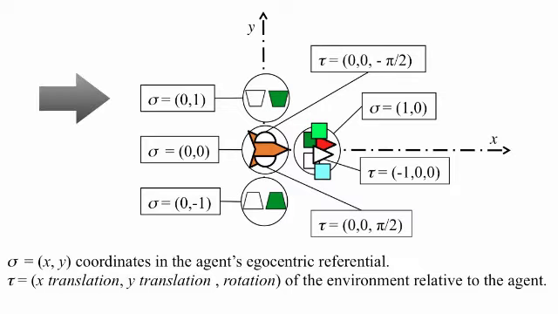To the left, sigma is 0, 1, and to the right, sigma is 0, minus 1. The turn interactions generate a tau corresponding to a rotation of pi over 2 or minus pi over 2. And the step forward interaction generates a tau corresponding to a translation of minus 1 unit along the x-axis.